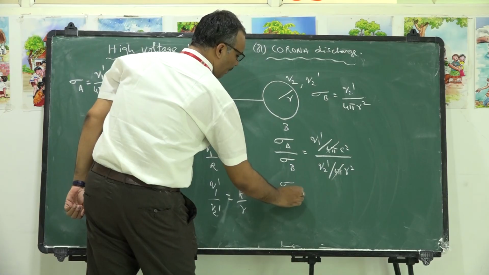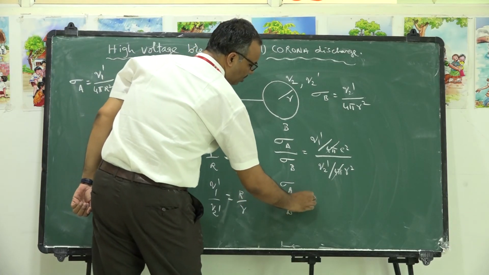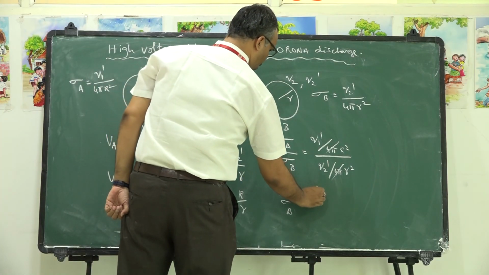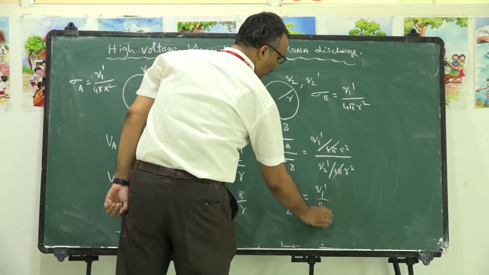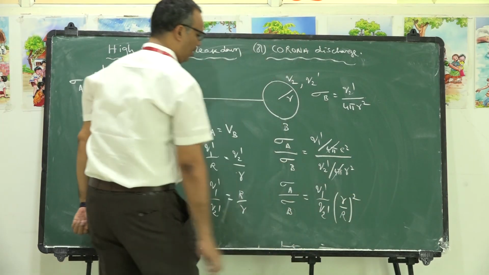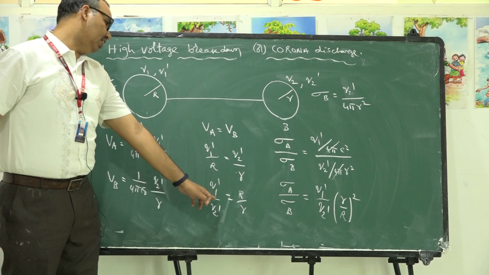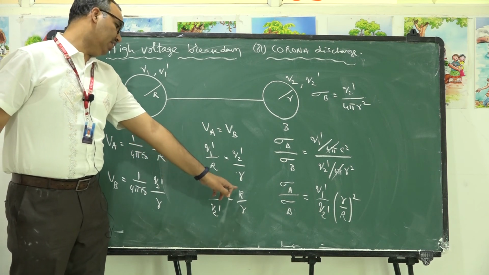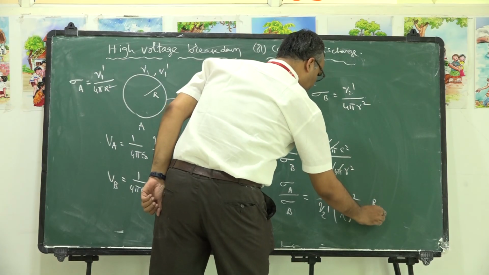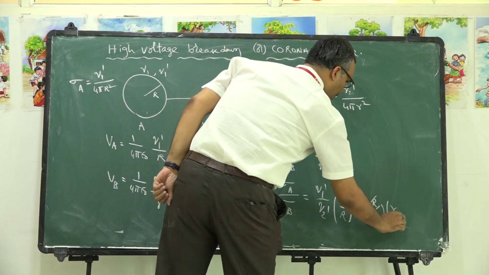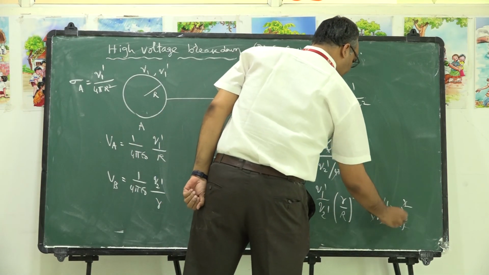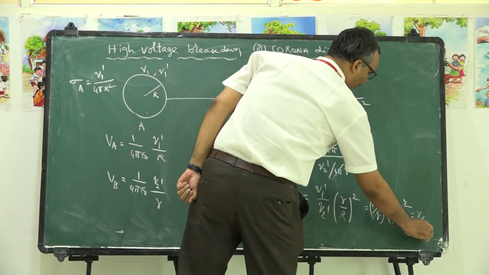So sigma A by sigma B is equal to Q1 dash by Q2 dash into small r by capital R whole square. Already we got a relationship that Q1 dash by Q2 dash is equal to capital R by small r. If I substitute it here, capital R by small r into small r by capital R whole square. So this and square gets cancelled. You are left with small r by capital R.